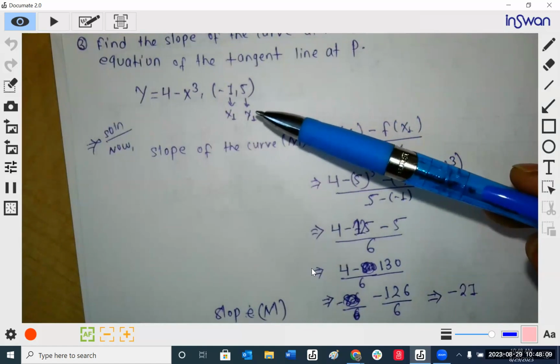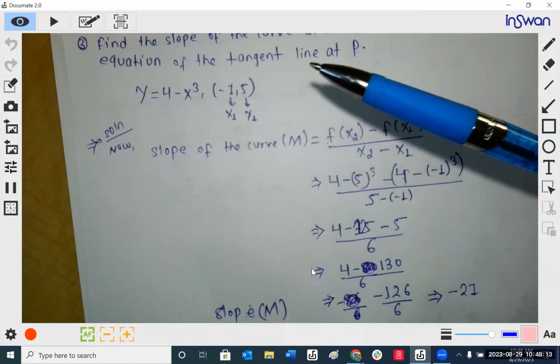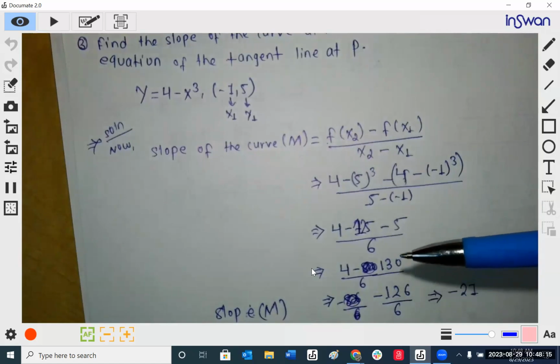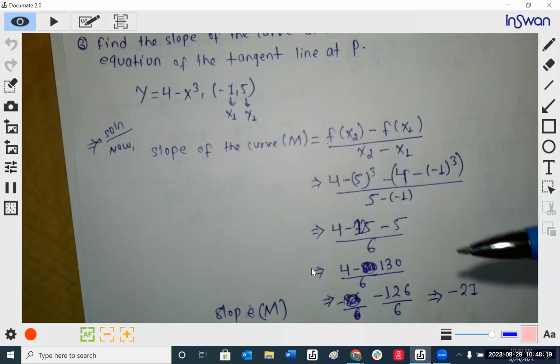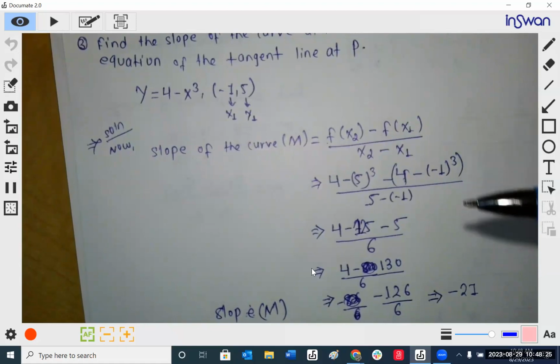A point is a location, a dot on the curve. The last two questions we had, it gave us an interval of points, x1, x2. And you're solving it the same way we did the other two.